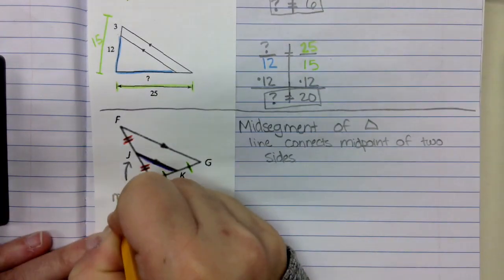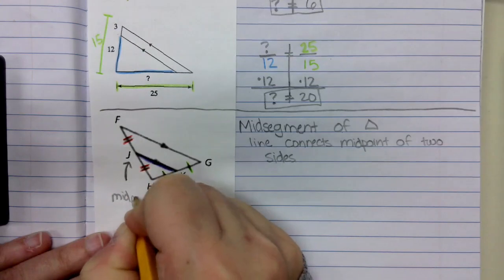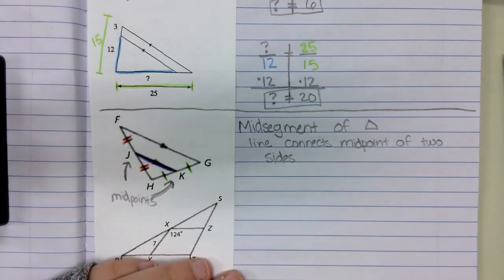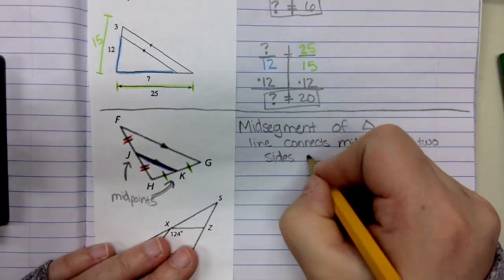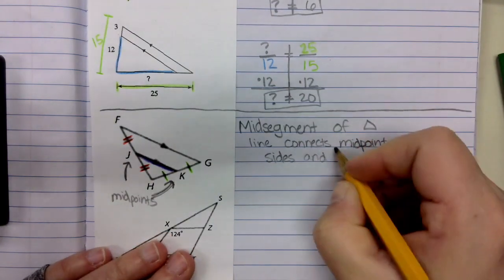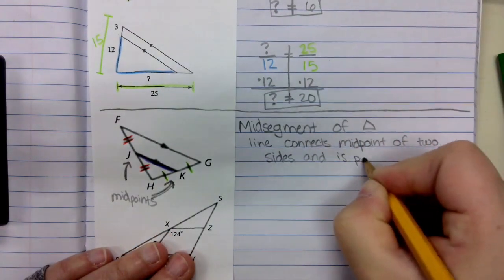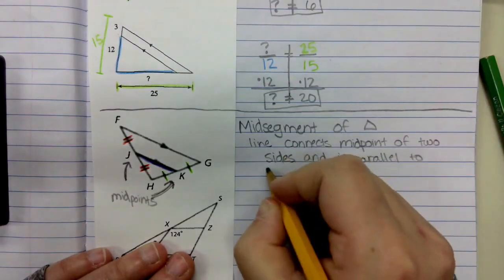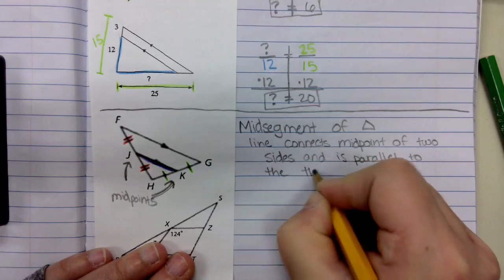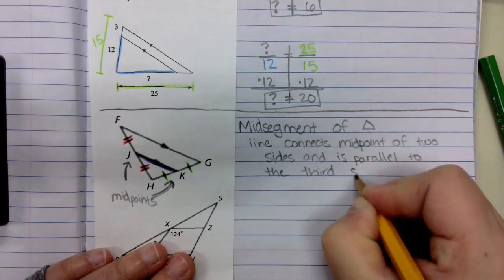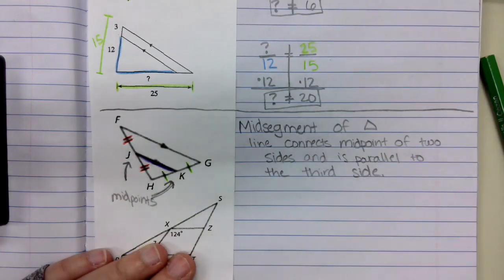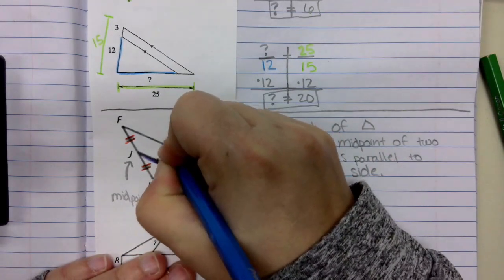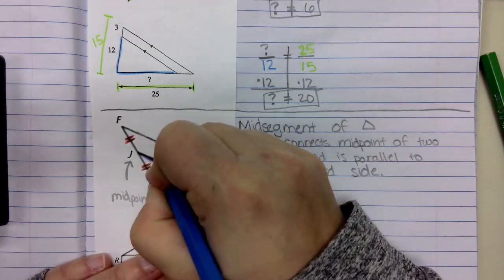And because of that, we know that it ends up being parallel to the third side. Okay, and we see that here with those parallel and parallel.